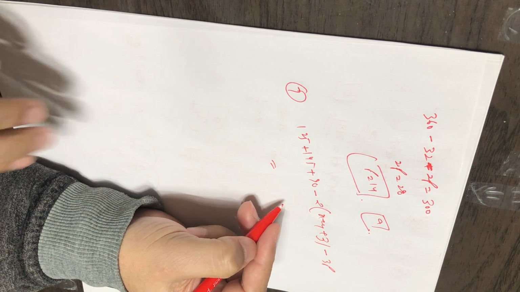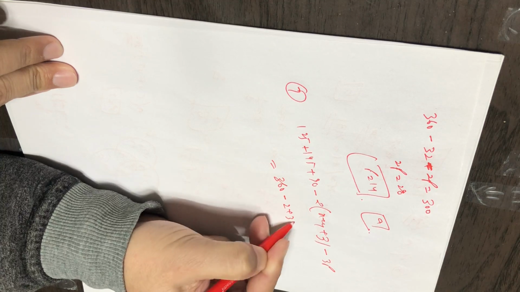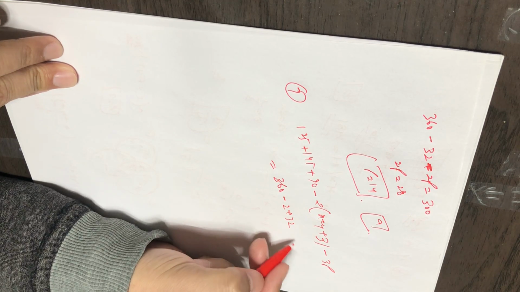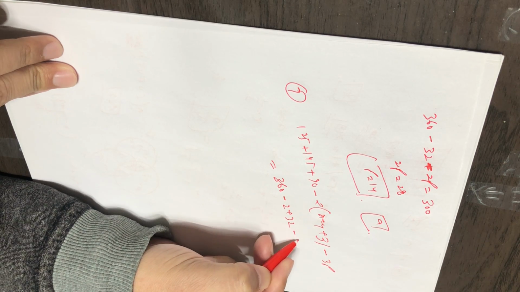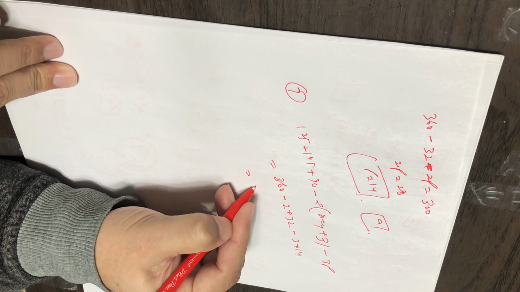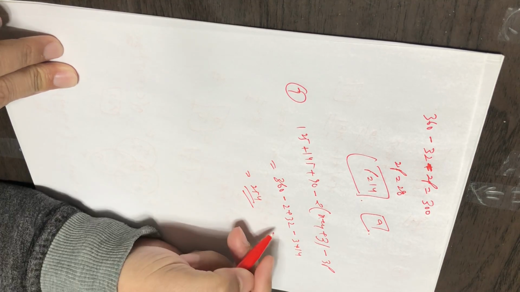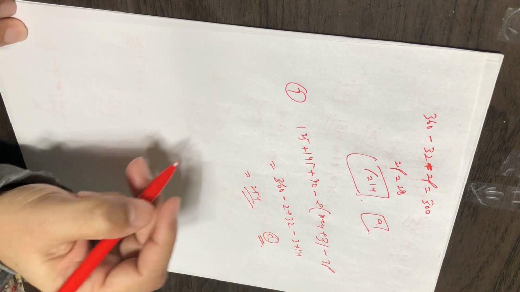This will be equal to 360 minus 2 into 32, and we already know the value of P is 14, so minus 3 into 14. If you solve this, it comes to 254. So we can clearly see that option C is the correct one.